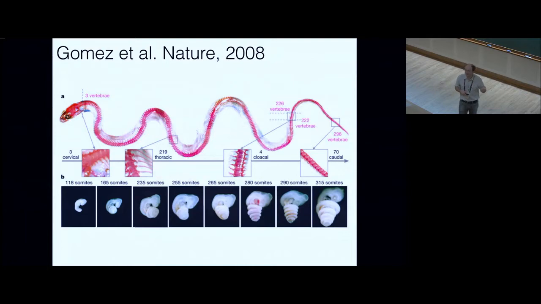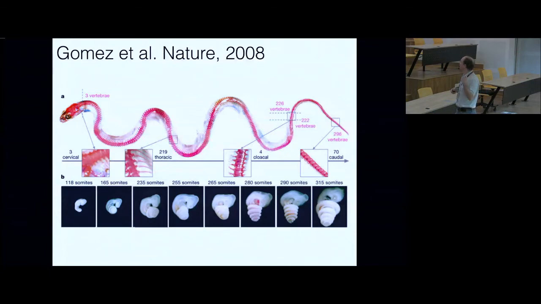The point I want to make is that it's likely that the way you form segments in snakes is different from the way you form segments in fly. I'll make this a bit more quantitative in a second. You have more than one order of magnitude more structure to make, so you probably need to change something.